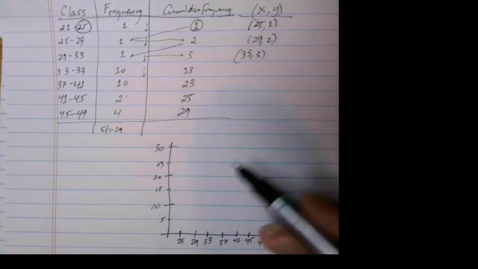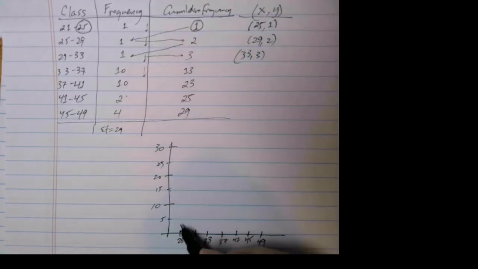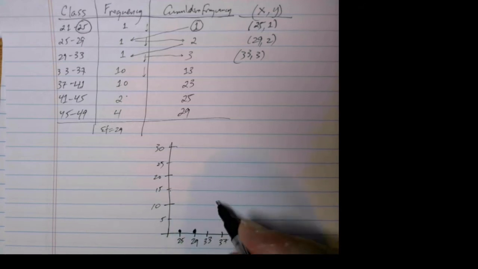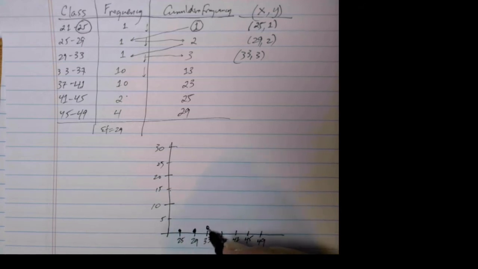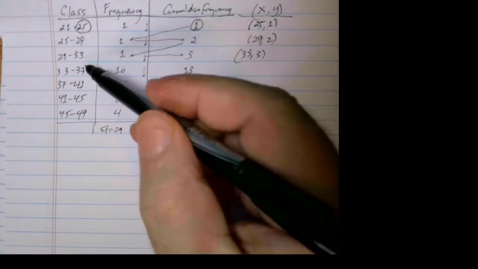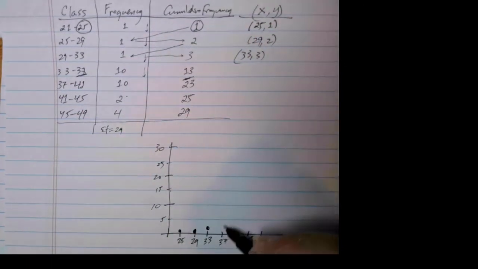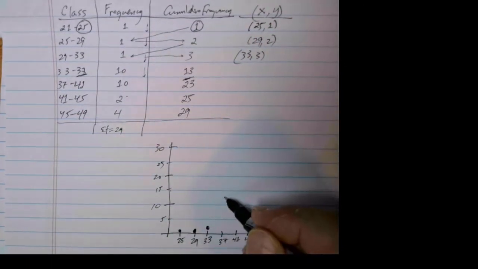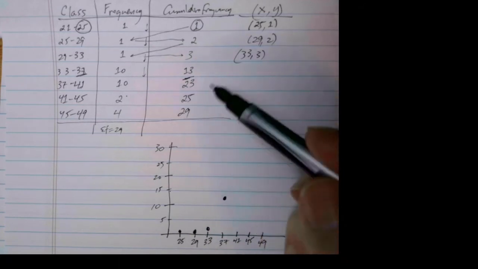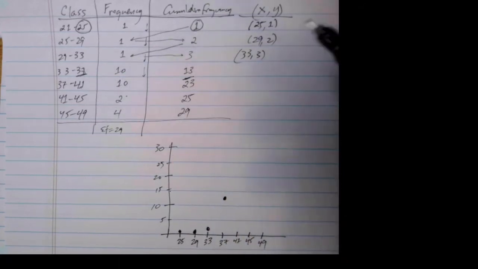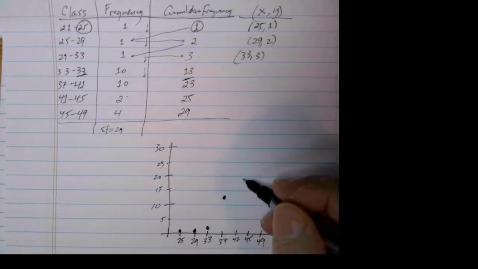Okay, so the first point would be 25, comma 1, which would be something down here. The next one would be 29, comma 2, and the one a little higher. Then 33, comma 3, and then 37, comma 13. 37, 13 would be about there maybe. And then 41, comma 23.